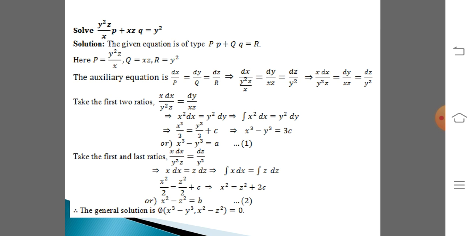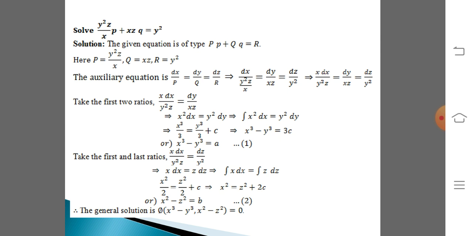Now let us take up an example. The question is solve (y square z by x) p plus xz q equal to y square. So here the given equation is exactly of the type Pp plus Qq equal to R, where the value of P is y square z by x, Q equal to xz and R equal to y square.